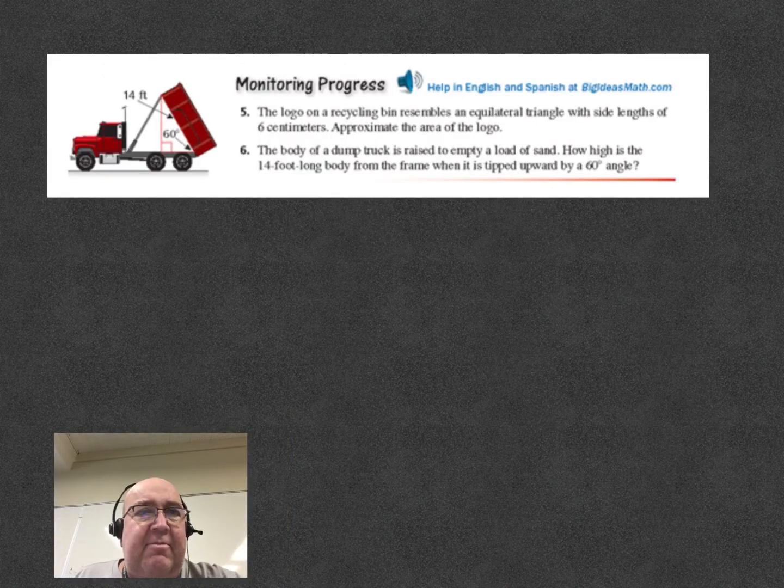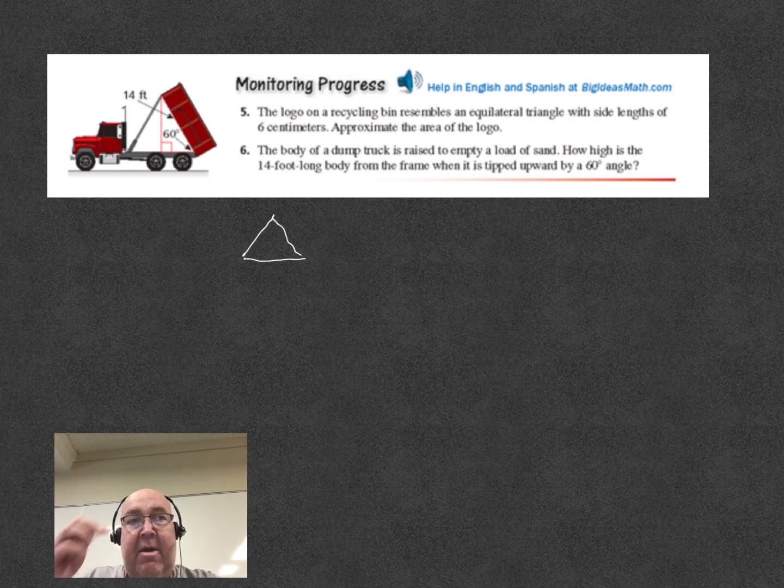So first problem, we're going to have an equilateral triangle, meaning that all of the sides and all of the angles are going to be the same. And we want to find the area of it. So we know we were 6, 6, and 3 and 3 on the divided portion.